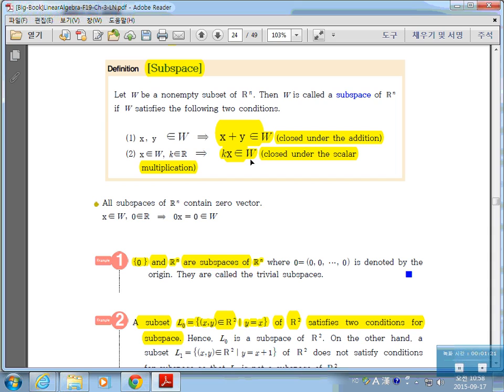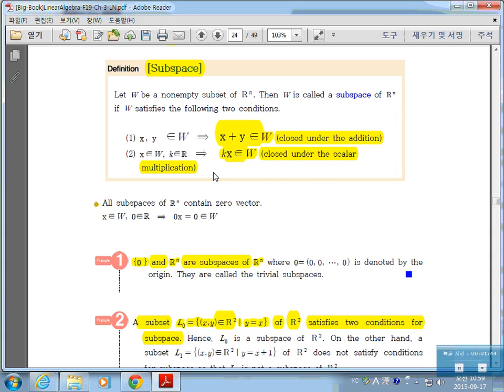It should be in W. Then we call this closed under scalar multiplication. It means it doesn't come out from W. There is an Rn and there is a subset W. If you choose two vectors out of there and do the operation, it still does not go out from W. So it stays in there. That means it's closed.